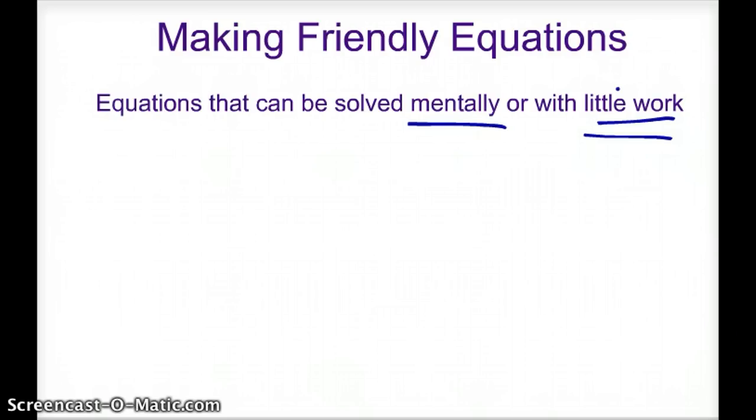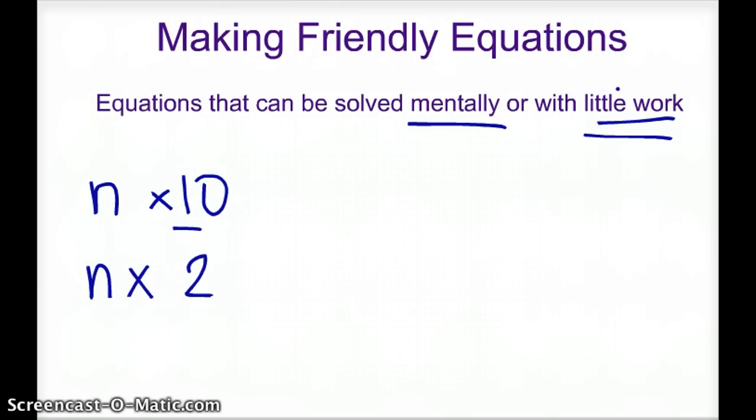We know multiplying any number times 10 is usually pretty easy because it's times 1 with a 0 on the end. Any number times 2 is usually easy because our doubles are a lot easier for us to do mentally. Numbers times 100 follow the same rule as 10, and all multiples of 10 are easy for us to solve.